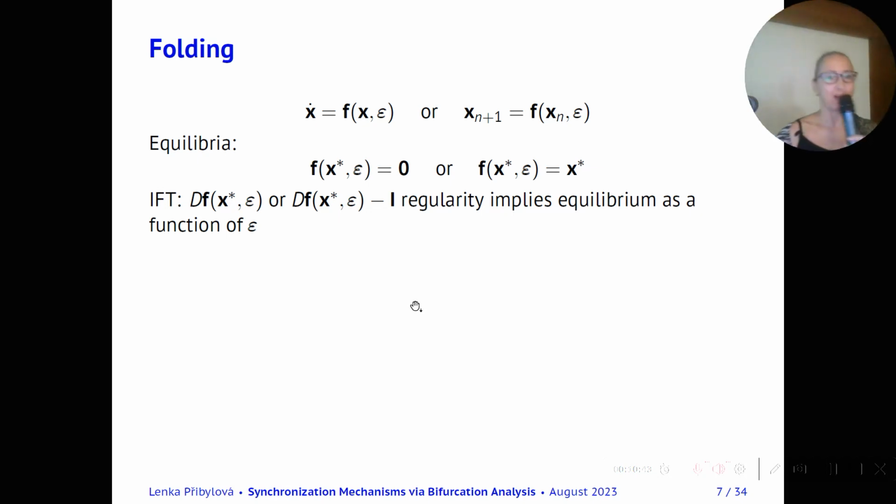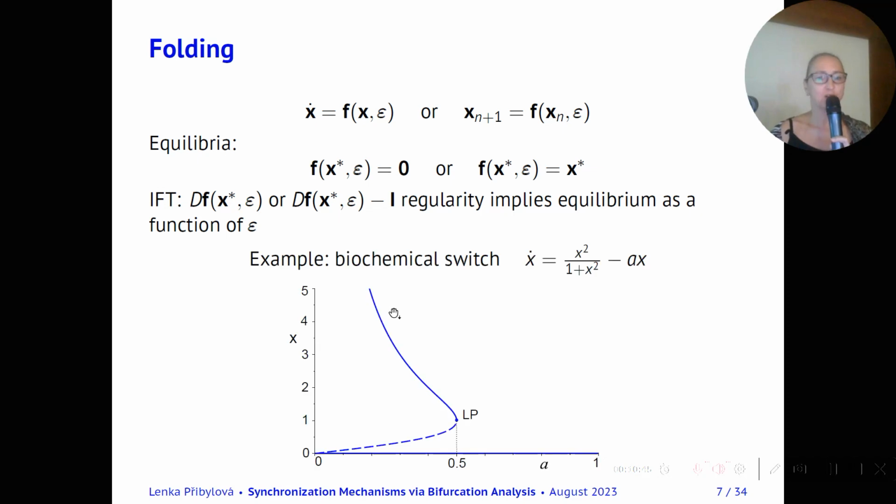Of course, there are some other conditions, but here we will go to a very easy example, and I usually show it to my students because it's one-dimensional in the state space, and it has one parameter, and it is quite nice. You can see what is happening. It's a biochemical switch. x is a normalized variable related to the concentration of the protein that is produced in the cell.